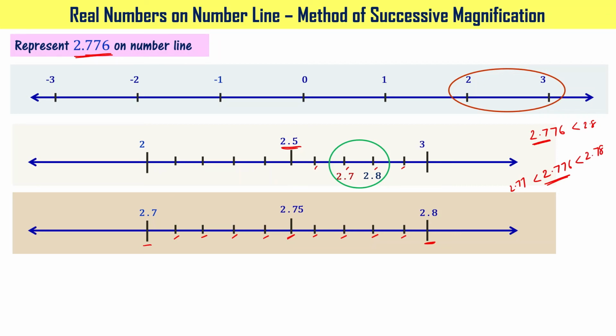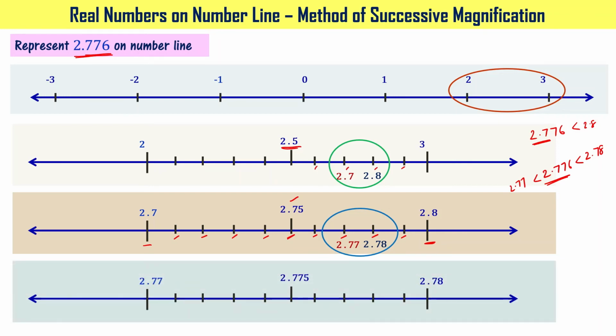We have 2.75 marked. Let me mark 2.77 and 2.78. Now we have to zoom the portion of number line between 2.77 and 2.78, right? We are magnifying this part of the number line so that I get a magnified number line as shown here.